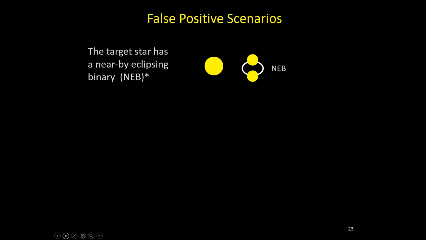Next. Now, some of the conditions that cause false positives, which we use our ground-based observing to distinguish, have to do with a number of cases. One is where we have a target star on the left, and next to it is a nearby eclipsing binary.